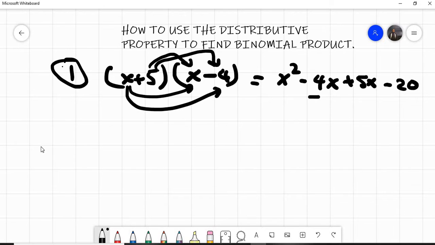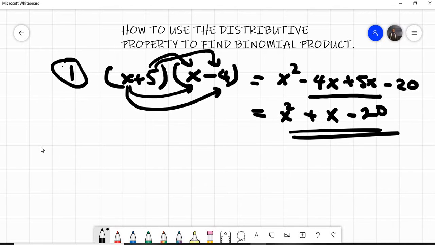Then we combine these two because they have opposite signs, so we subtract. We get x squared plus x minus 20, because negative 4 plus 5 is 1. That's the quadratic we find. That's the way to do it.